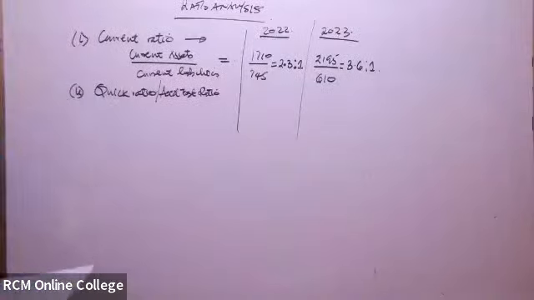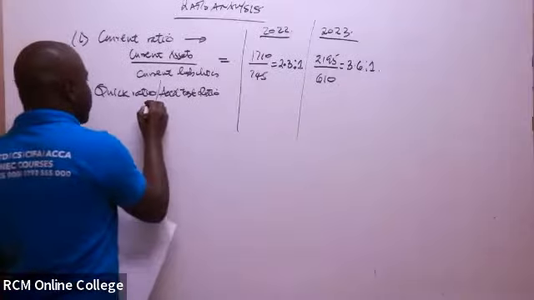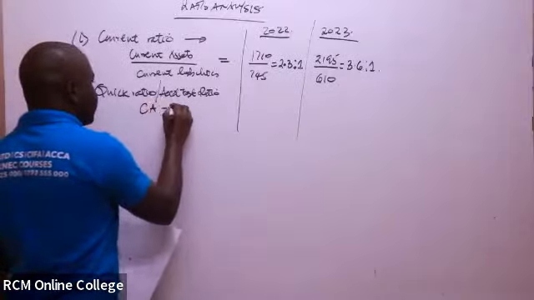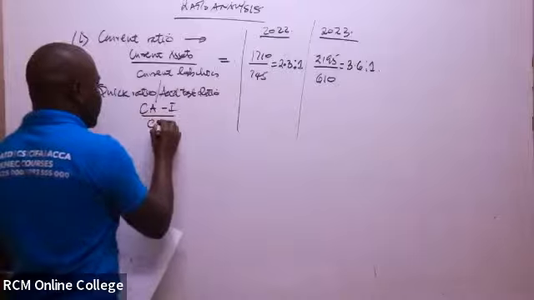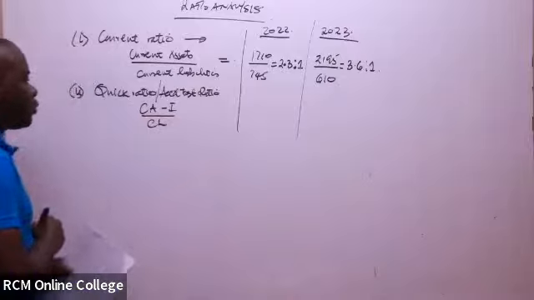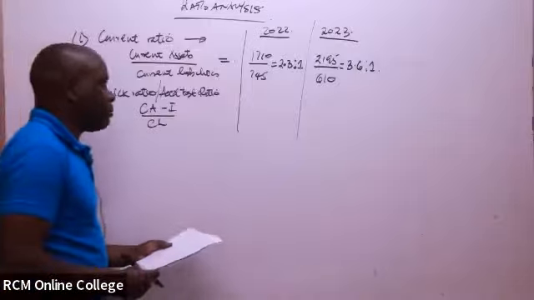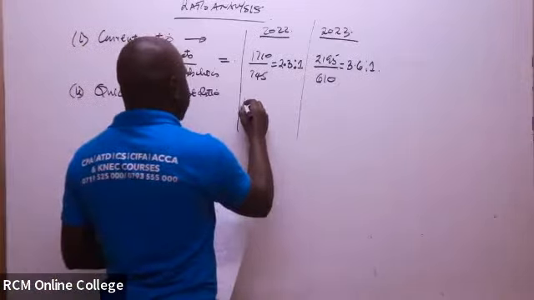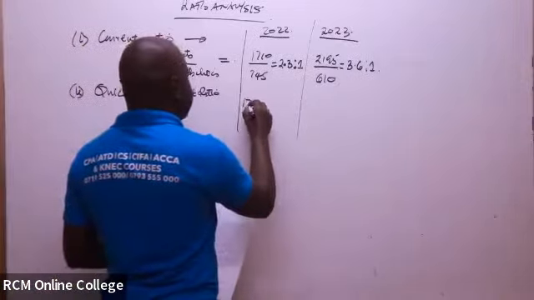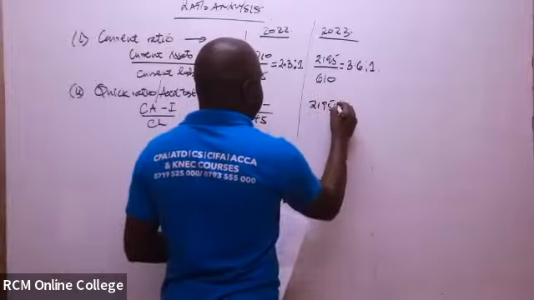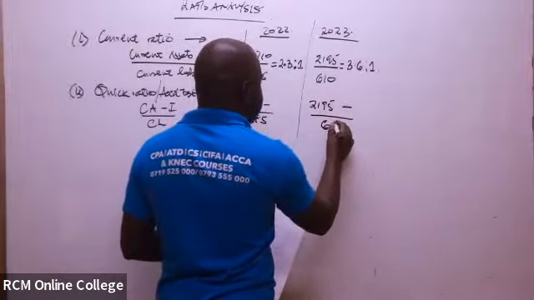So we'll take the current assets minus inventory, over the current liabilities. We want to know how quickly the current assets can cover the current liabilities. So we'll have 1710 minus inventory over 745, and 2195 minus inventory over 610.